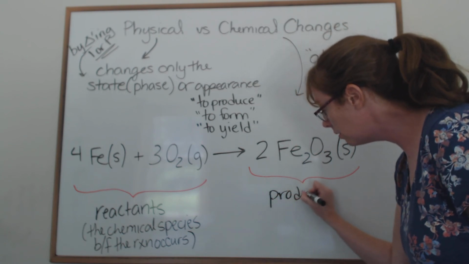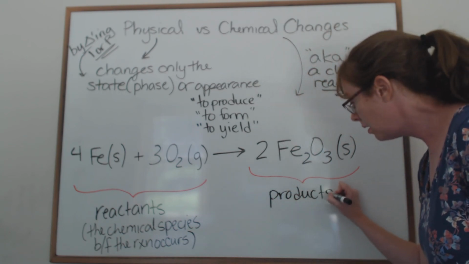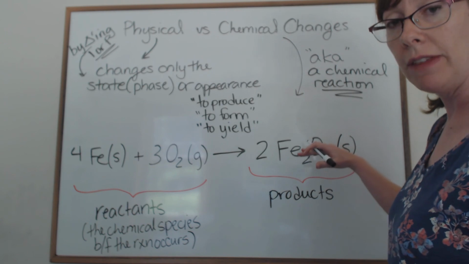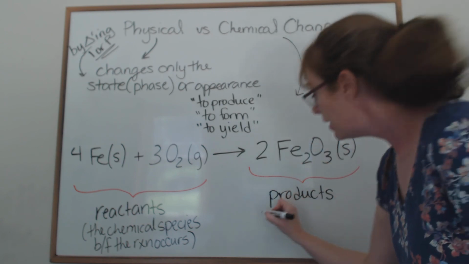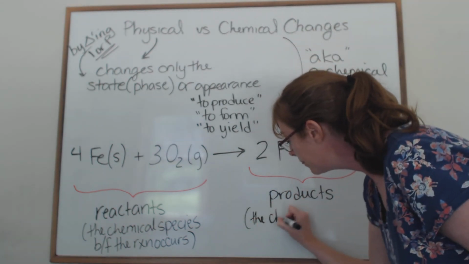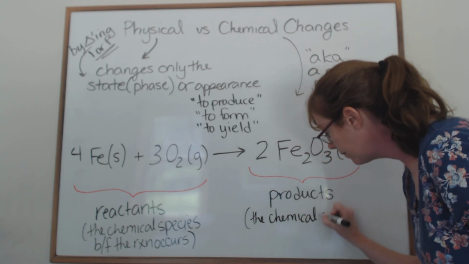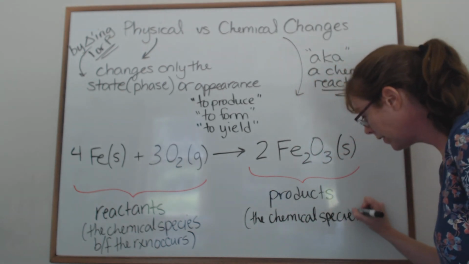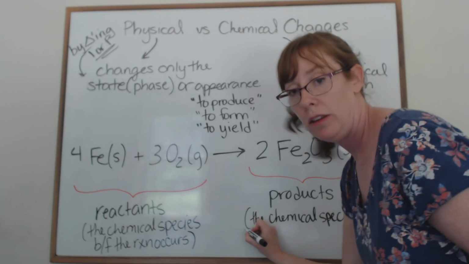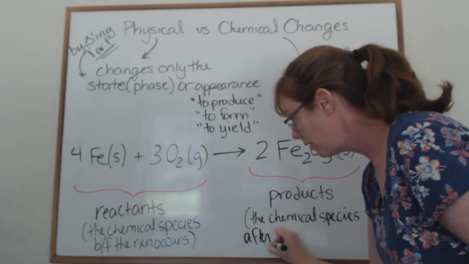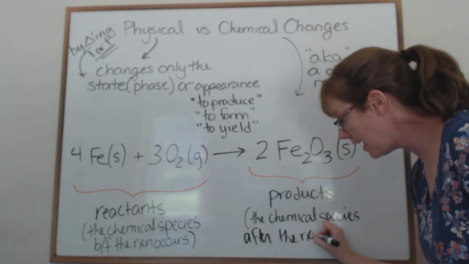There could be 2, there could be 3. But anything to the right of the arrow are called products. These are the chemical species that you have after the reaction occurs, kind of like the end result.